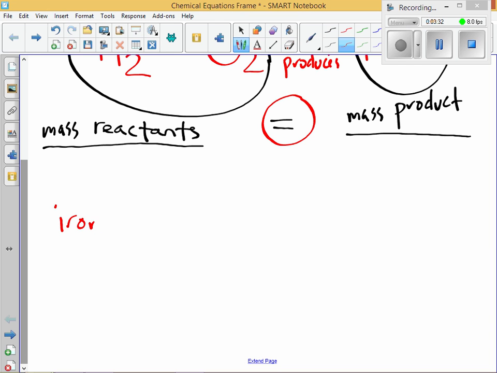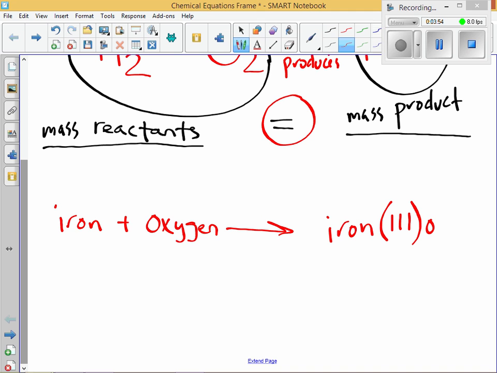Iron plus oxygen react to form or produce or yield iron 3 oxide. I'm writing the symbols again, sorry. This is a word equation. I'm just describing this.